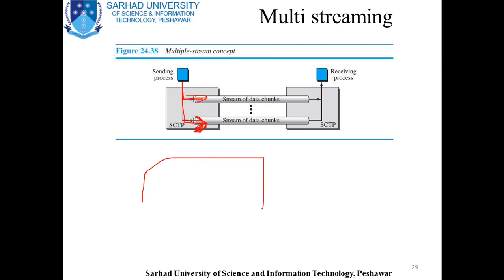If you are watching TV and you want to see a cricket match, and let's say your mom wants to see a cooking show on the TV, it is not possible that both of these streams occur at the same time on the same channel.